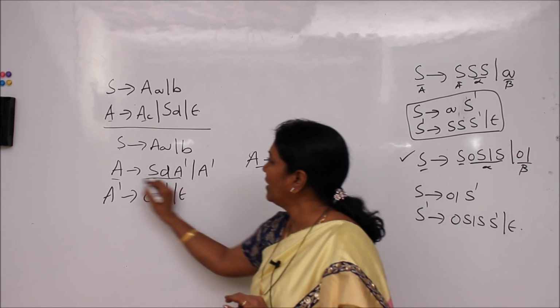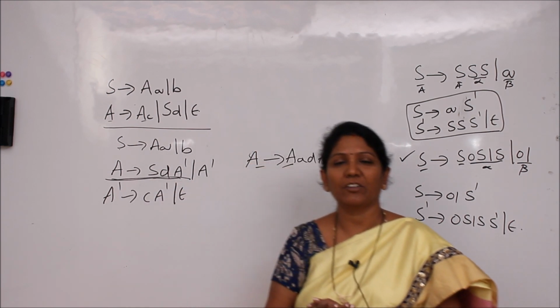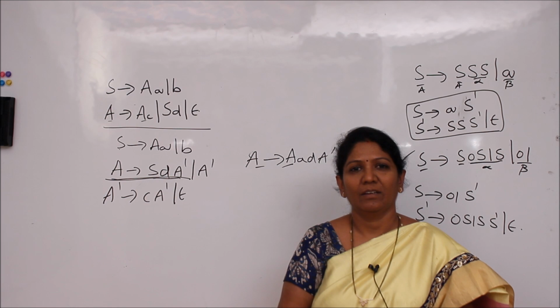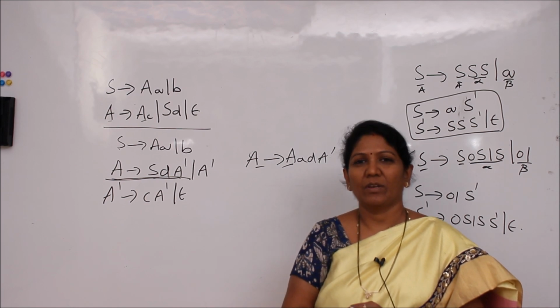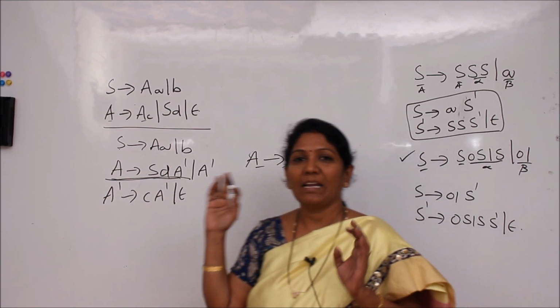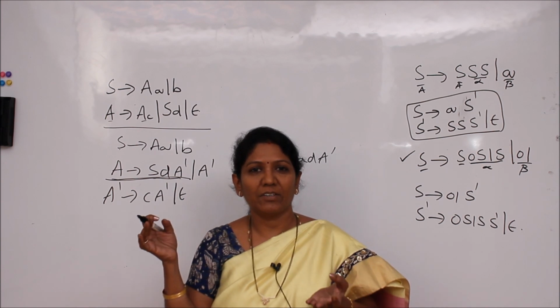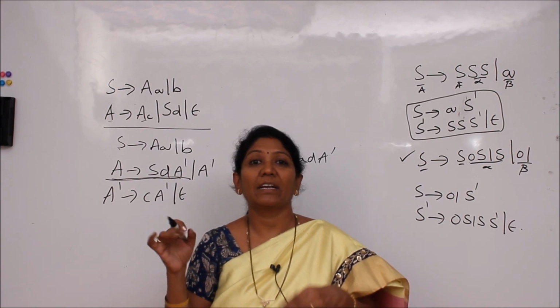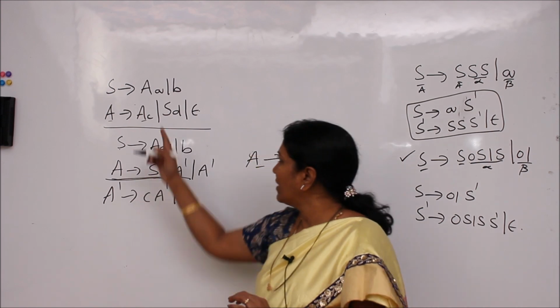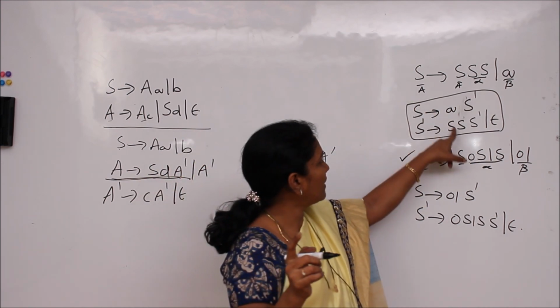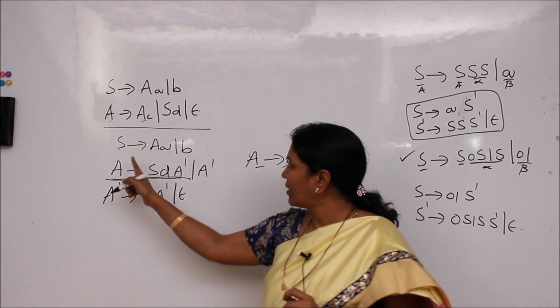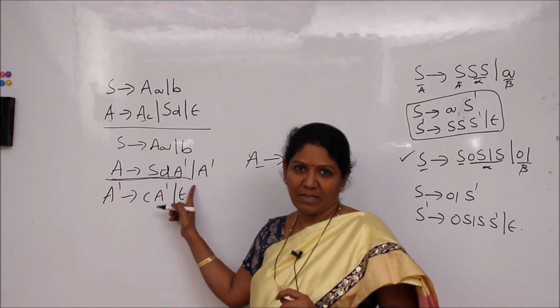You will still get, after elimination of the left recursion, left recursion once again. So remember that formula eliminates immediate left recursion but not left recursion at the other levels. It will eliminate left recursion only at the immediate level.